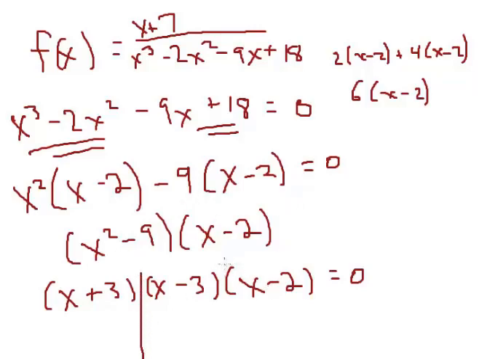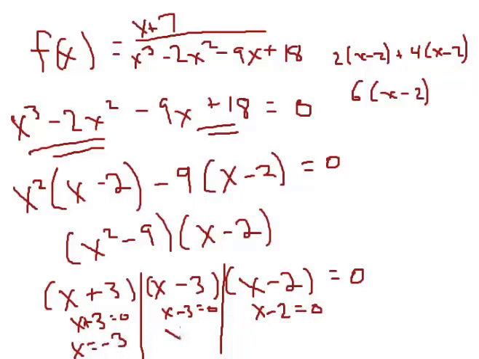So let's set them all equal to 0. X plus 3 equals 0, x minus 3 equals 0, x minus 2 equals 0. So this is x equals negative 3, this is x equals positive 3, and this is x equals positive 2.